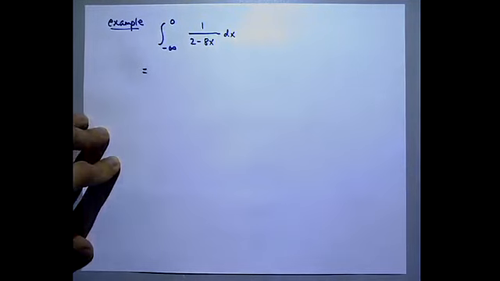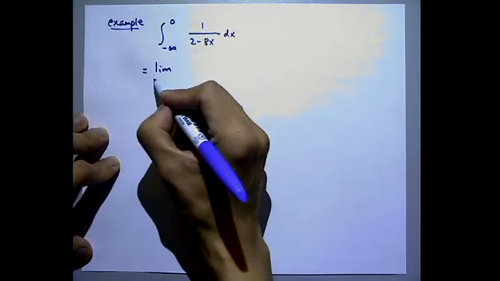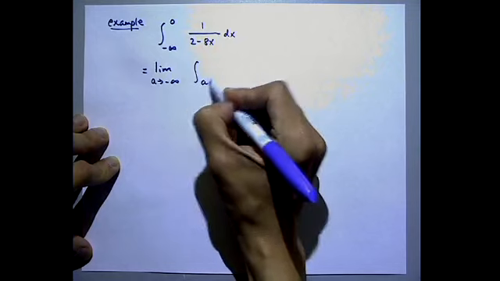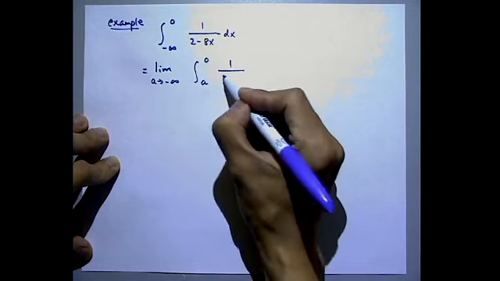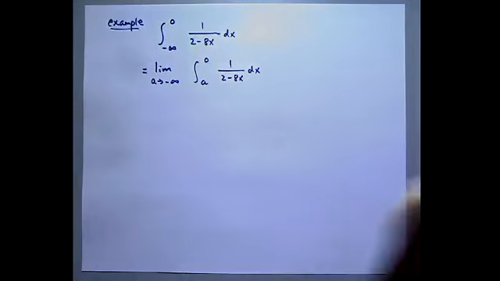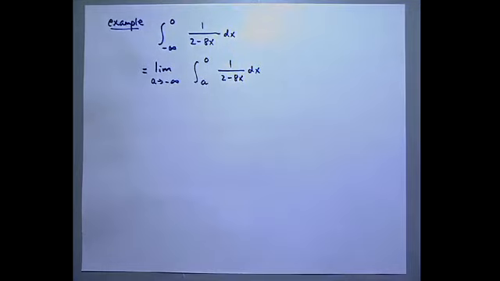And you deal with this exactly the same way we did in the last one. We'll say it starts at a number a instead of at minus infinity, and we deal with this integral, and then we take a limit.